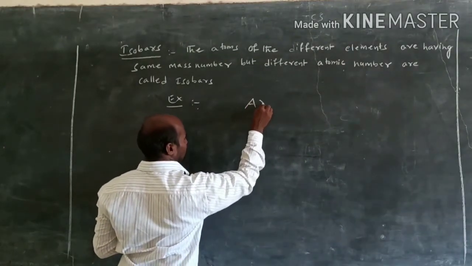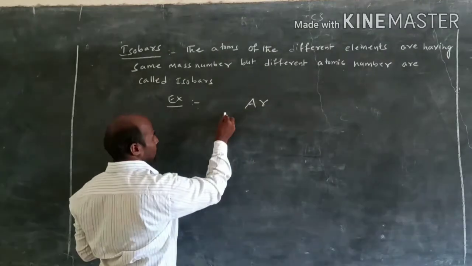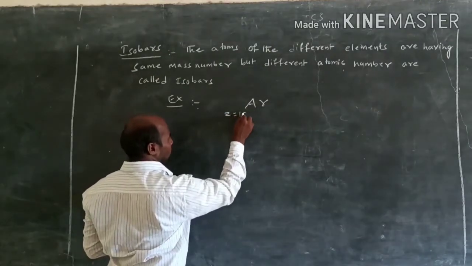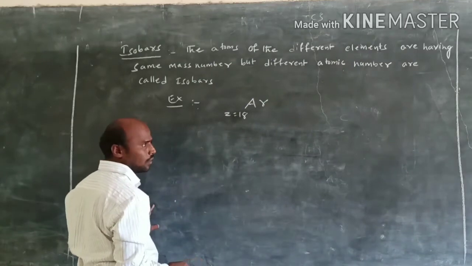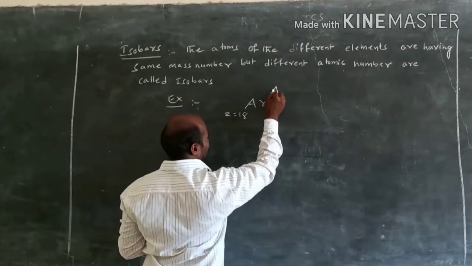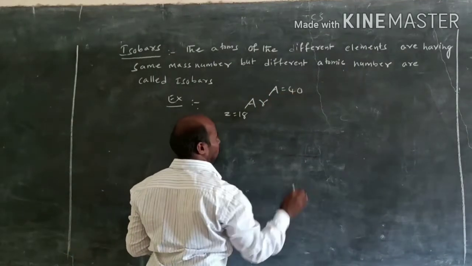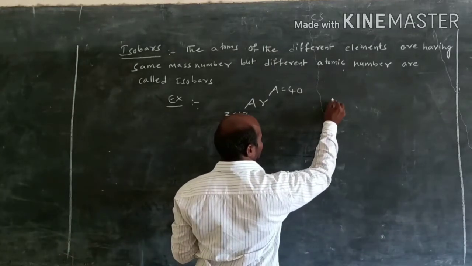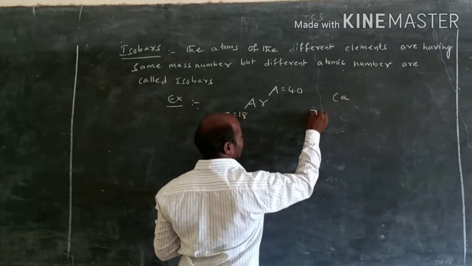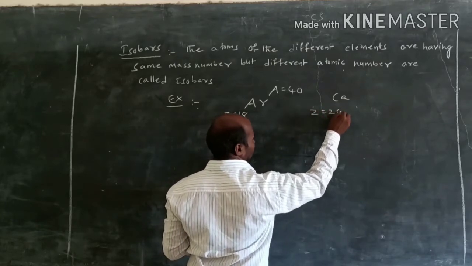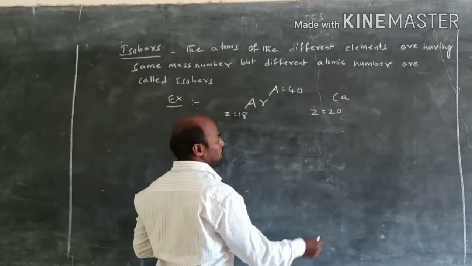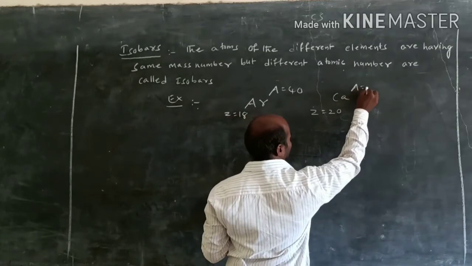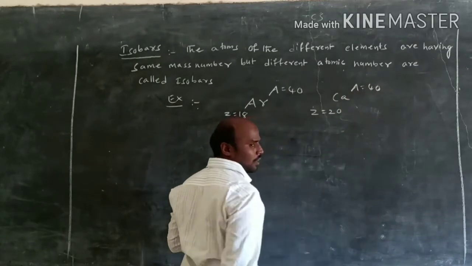Now we can take argon. Atomic number Z is equal to 18, mass number A is equal to 40. And calcium, atomic number Z is equal to 20, mass number A is equal to 40.